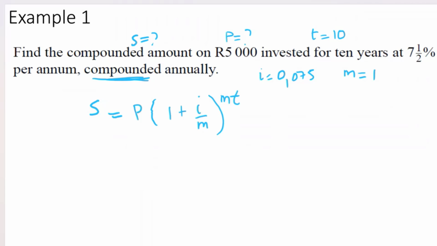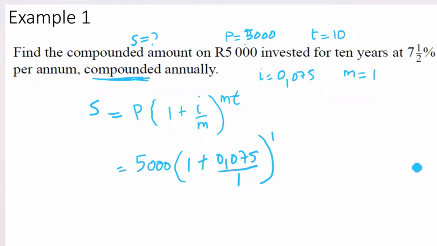Remember, we said this is the formula that we are going to be using. So your P is equal to 5,000 into 1 plus your interest rate, which is 0.075. It is compounding annually, hence your M is equal to 1.